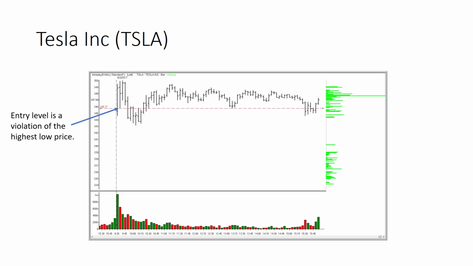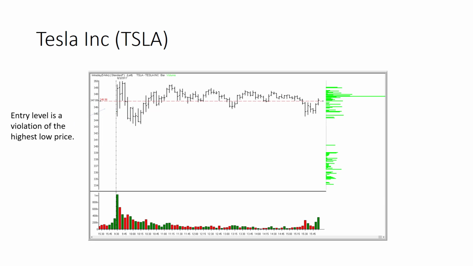Entry on this one, this was a gap higher, so we're looking for a violation of the highest low price. I'll look at the bottom of the bars to figure out where we're going to get into a short sale. As that moves up, we wind up in bar 3 of the morning. This is 15 minutes into the trading session, we mark 349.96 as our potential entry.